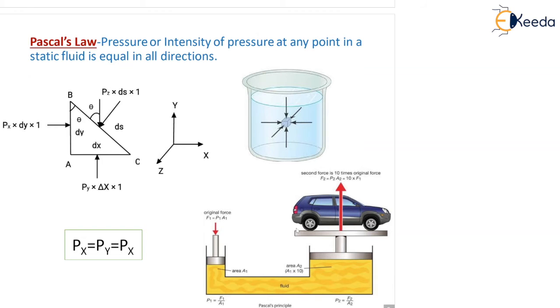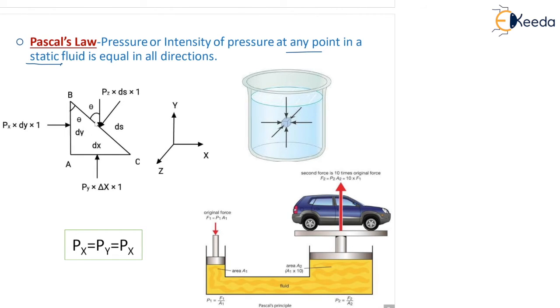Pascal's law. What is Pascal's law? So as per the statement, it is saying that pressure or intensity of pressure at any point in a static fluid, very important word, static fluid, pressure or intensity of pressure at any point in a static fluid is equal in all directions. How we can understand this?